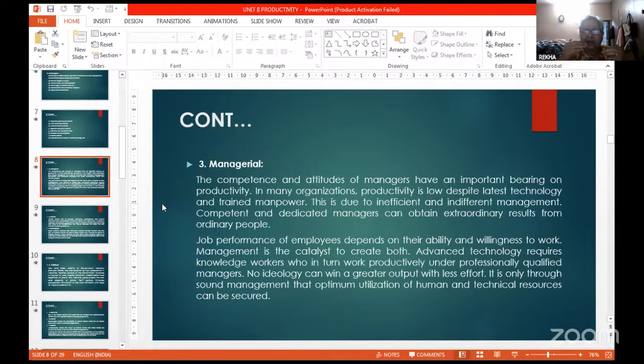So the knowledge that the manager expects from the workers, he or she should also have, at least the overall knowledge. It is like owning a car: you do not become a mechanic, but at least you should have an overall knowledge of the car, what goes wrong, how it has to be managed, and things like that. No ideology can win a greater output with less effort. It is only through sound management that optimum utilization of human and technical resources can be secured.